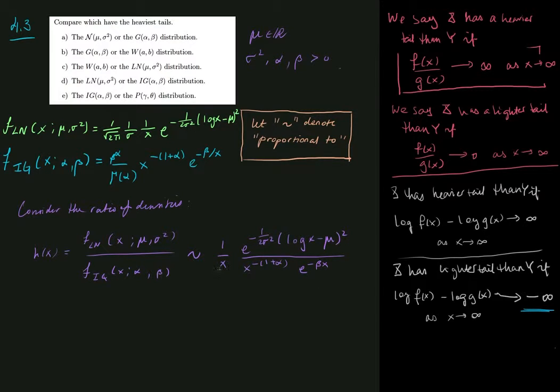And we note that this x cancels out with the x to the minus first here, so essentially what we have down here is just x to the alpha.